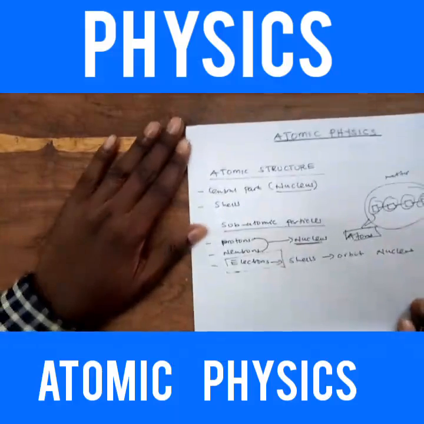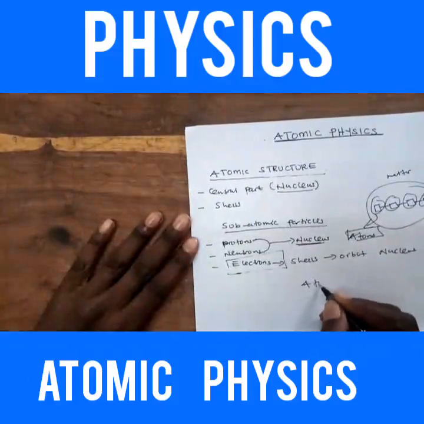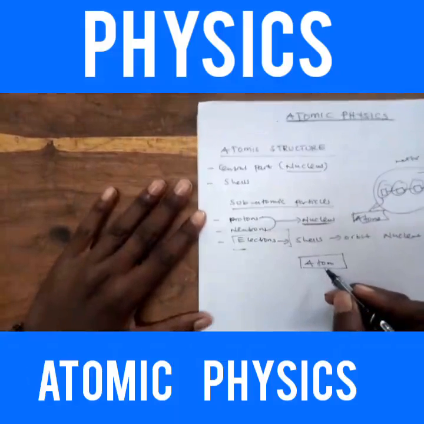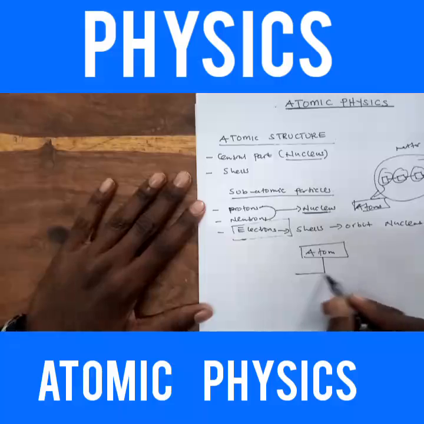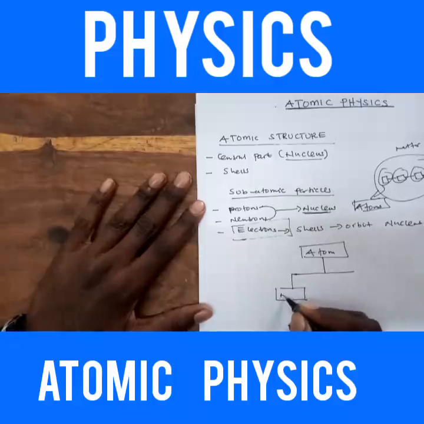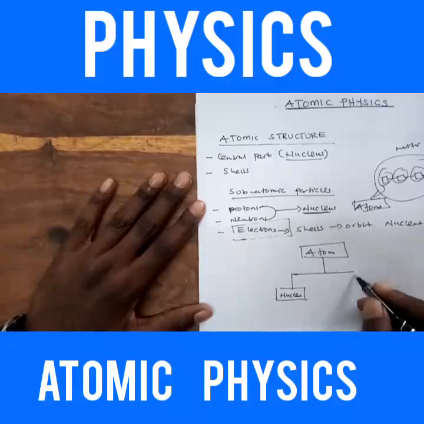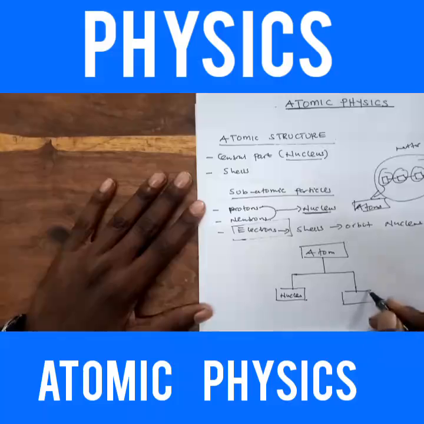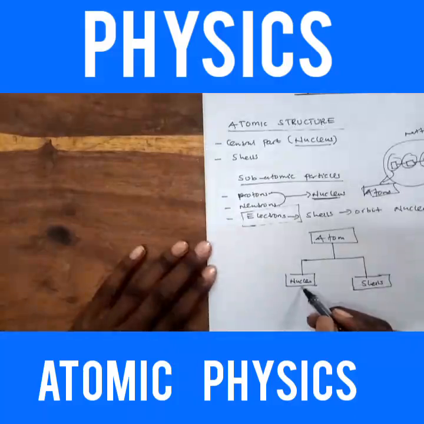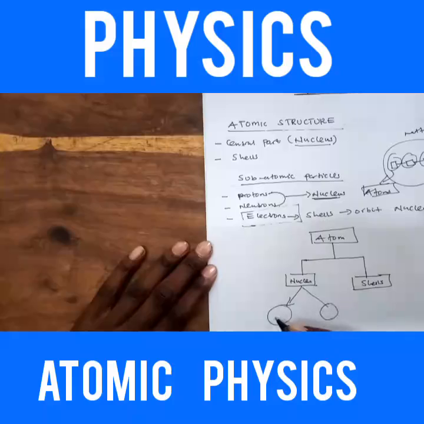So what have we talked about? We've talked about an atom. This atom has two sections. It has what we call the nucleus. It also has the energy levels, the shells. Within the nucleus, we find protons and neutrons.